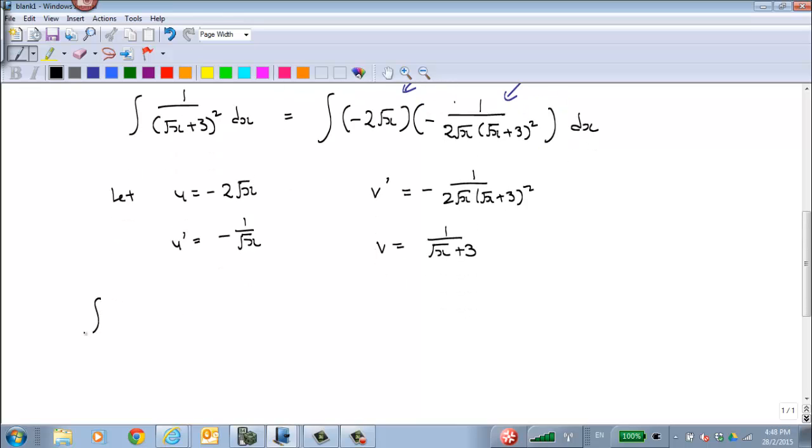So using integration by parts, we will have uv minus u prime v, okay, which is going to give you this particular expression.